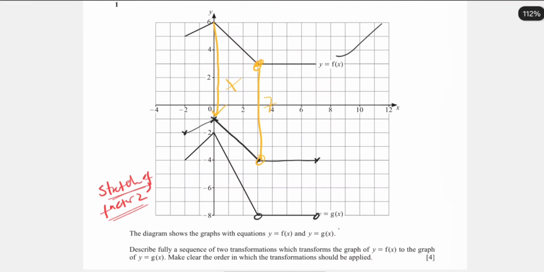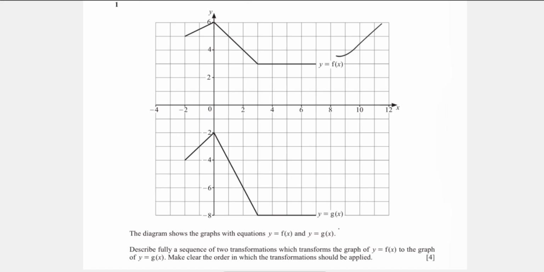Meaning it moved downwards 7 units to get to this, right? Then from there it was stretched by a factor of 2 in the y-axis, right? I hope that was clear, and I think I can check that again.